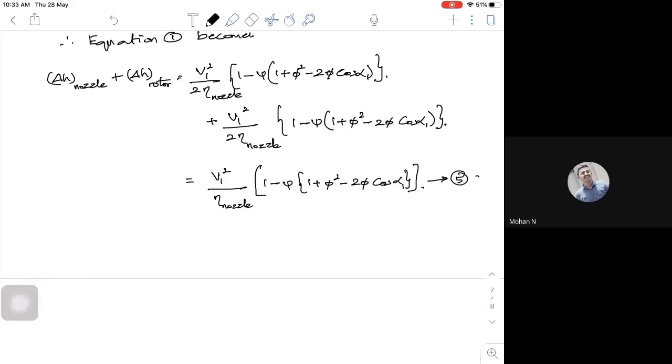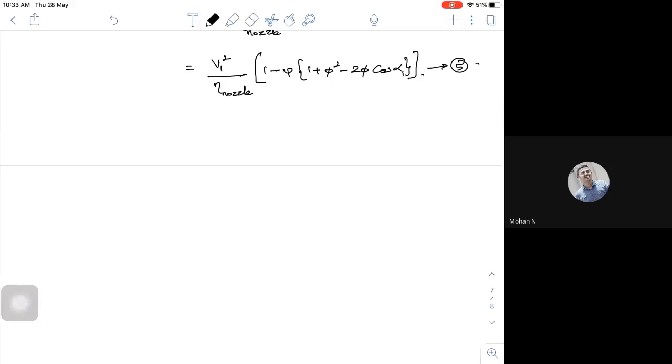So before that, let us define what is work done. We know that work done per kg, usually we go with specific work, work done per kg of steam is given by VW. What is your VW?